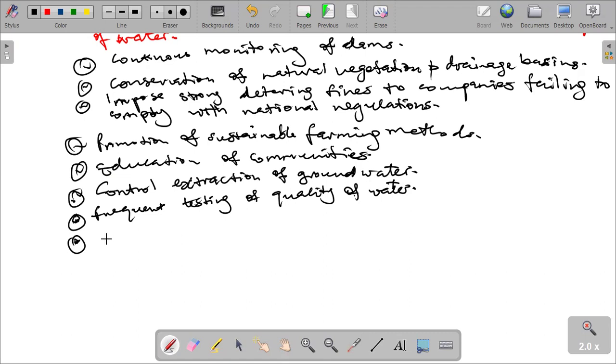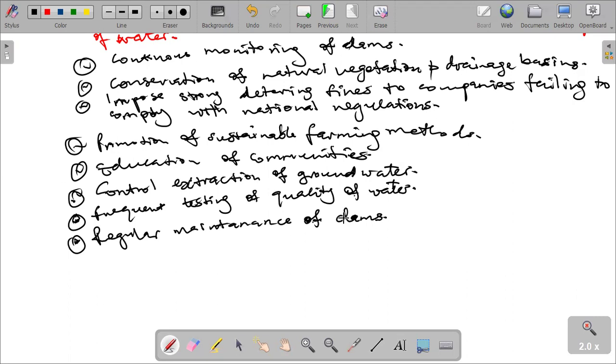The last answer that I can give right now is regular maintenance of dams to avoid flooding. Dams must be well maintained, either fencing, dam walls, or other ways that would prevent the waters from being made dirty by animals that depend on those dams, or by any other trespassers that might enter through there.